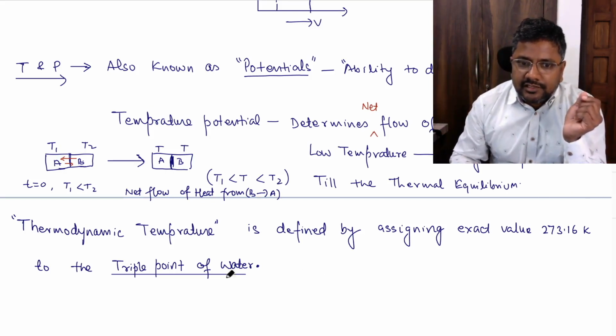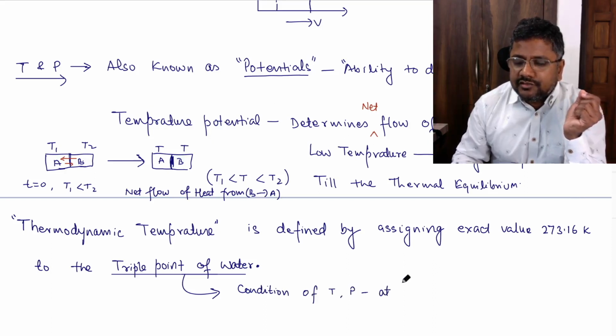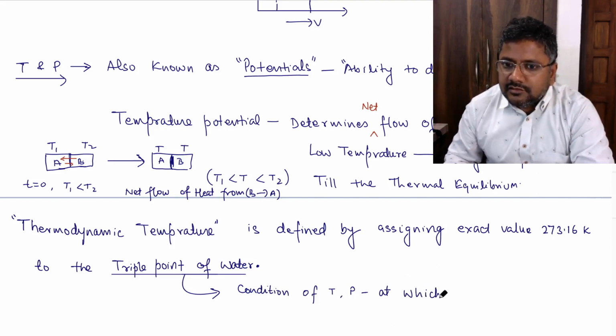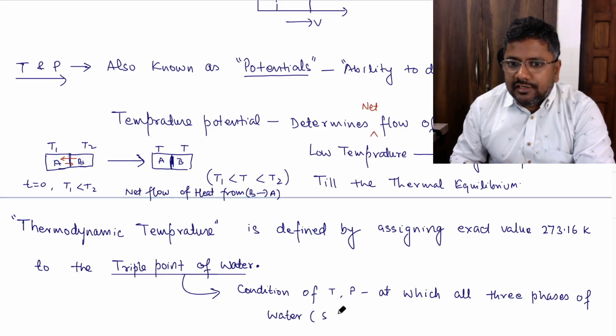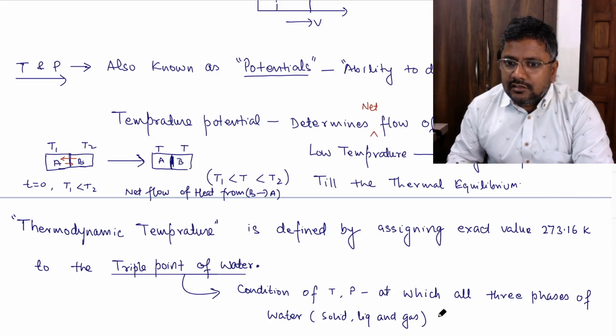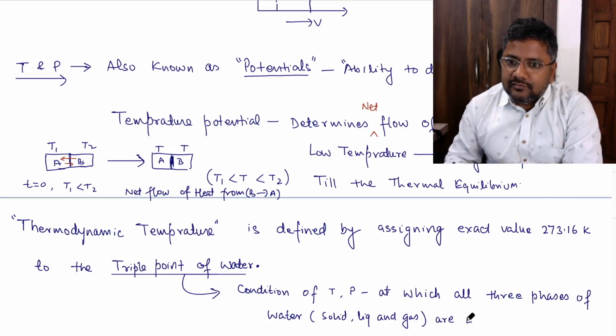Means, the triple point is the condition of T and P at which all three phases of water, solid, liquid and gas, are in equilibrium.